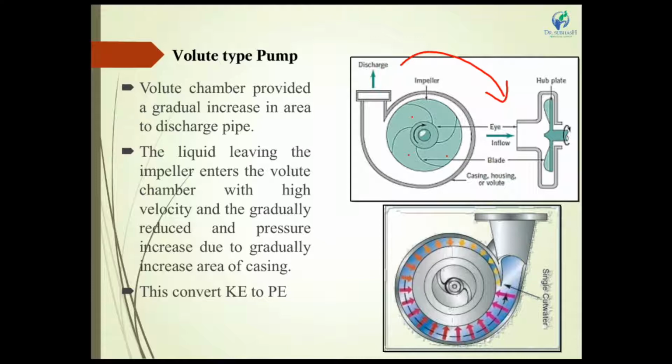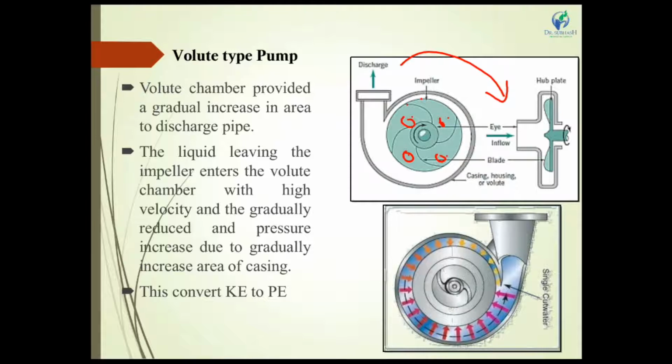In the volute centrifugal pump, this is the impeller with four blades and the eye. When water enters from the eye and passes through the impeller blades, the impeller is rotating at a high speed and centrifugal force is generated. Due to the centrifugal force, the water takes on kinetic energy with some velocity.